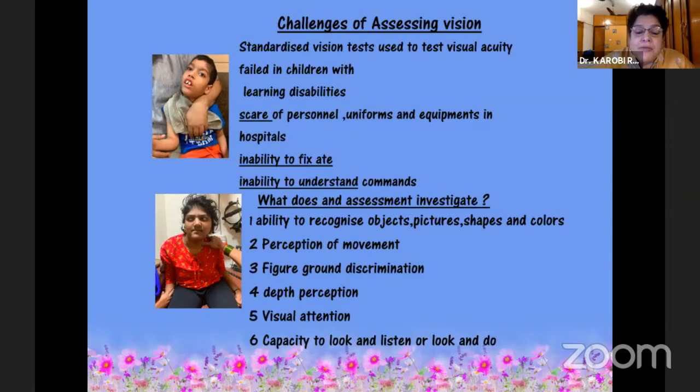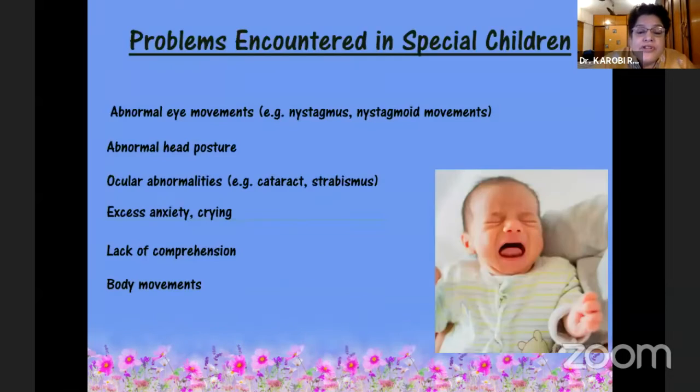They have a problem in figure ground discrimination, where they cannot differentiate between two backgrounds. They have a problem with depth perception, visual inattention, and the capacity to learn look and listen, or look and do. So you have to improve on all these spheres for a child to be able to have a certain quality of life.